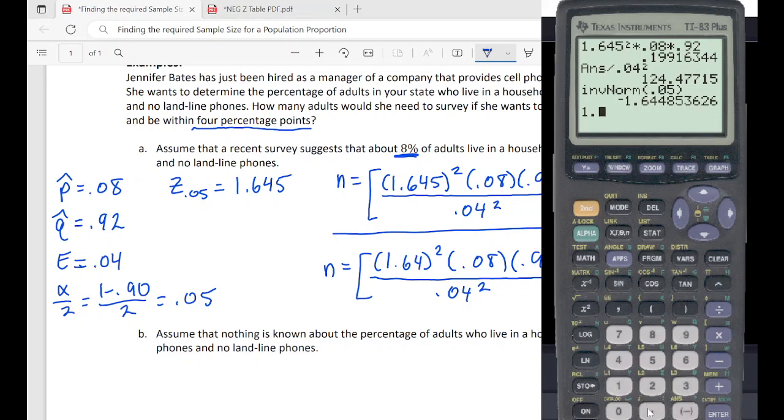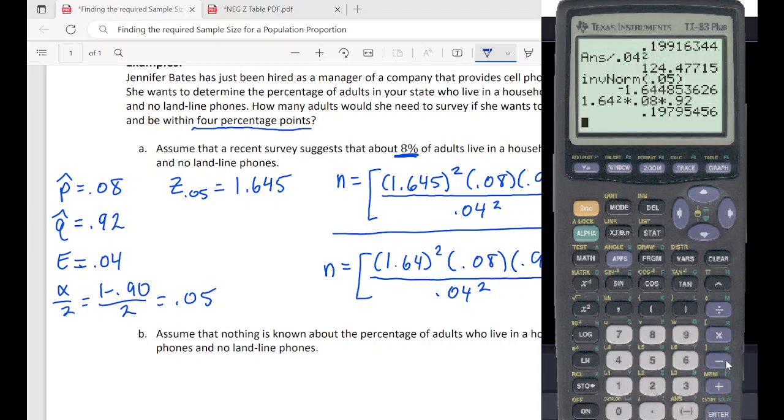So 1.64 squared times 0.08 times 0.92 divided by 0.04 squared, and we get 123.7, which rounds up to 124.